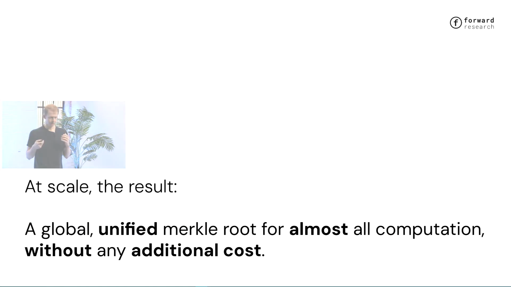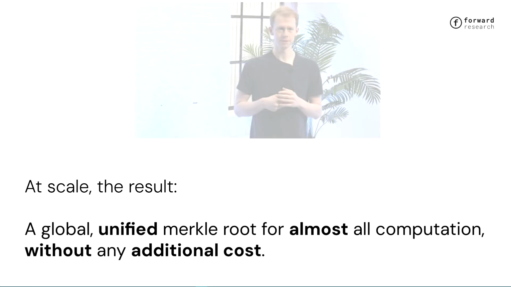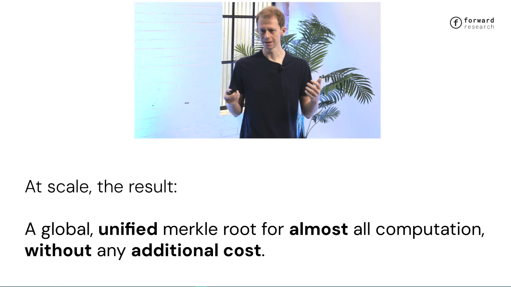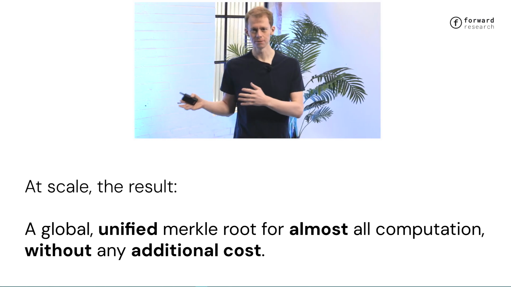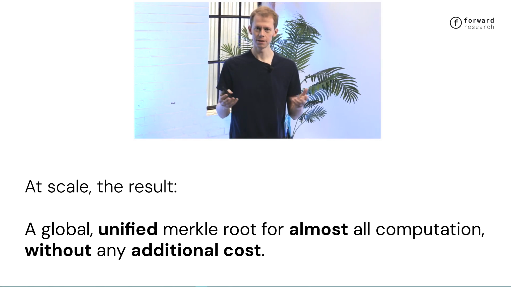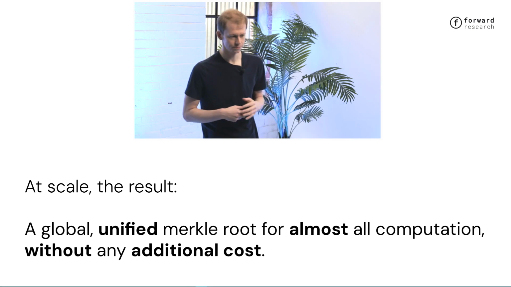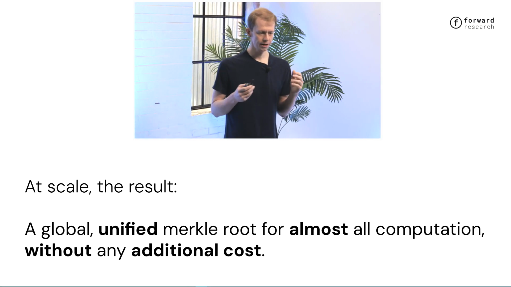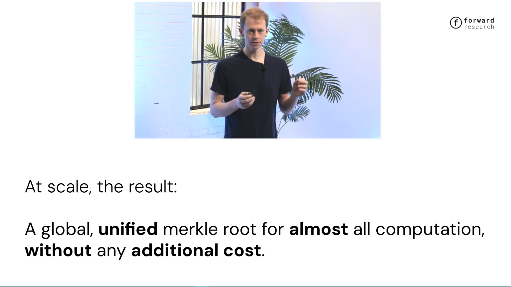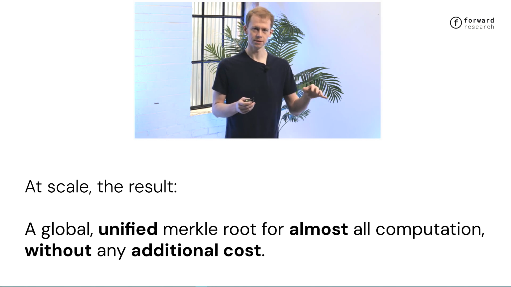And frankly, I expect that we'll be still working through realizing what that enables us to do, say 5-10 years from now. Just like with Arweave, we're still basically living in the downstream effects of what that simple primitive, permanent information storage, enabled us to do. So at scale, this gives you a single unified Merkle root for almost all of the computation in the network.